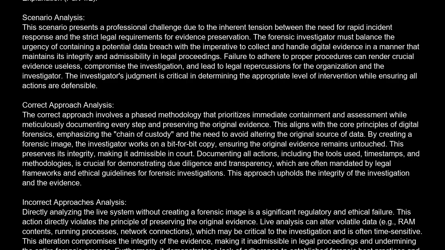This preserves its integrity, making it admissible in court. Documenting all actions, including the tools used, timestamps, and methodologies, is crucial for demonstrating due diligence and transparency, which are often mandated by legal frameworks and ethical guidelines for forensic investigations. This approach upholds the integrity of the investigation and the evidence.